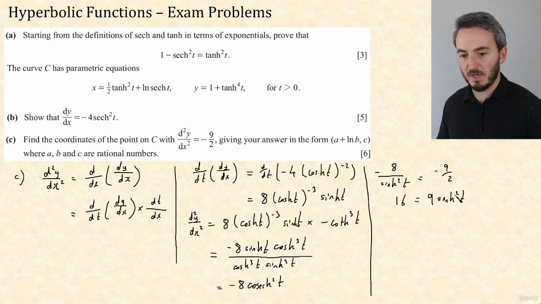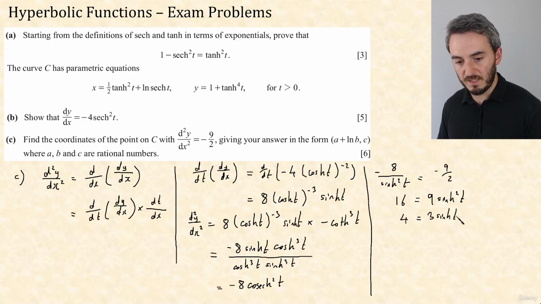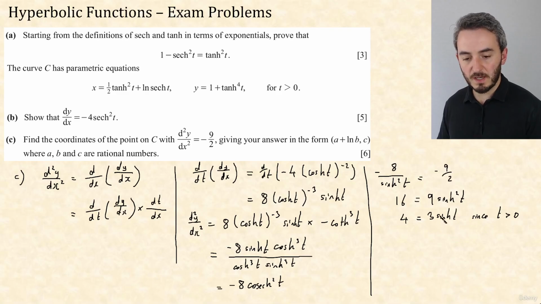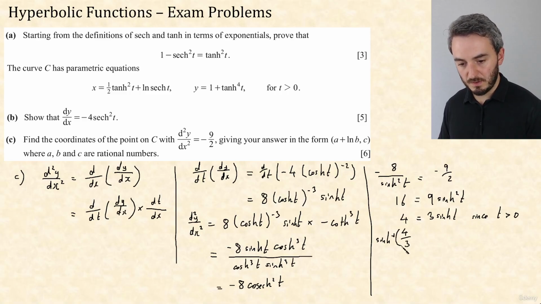We've got a plus or minus issue here. Sinh can be positive or negative. However, t is always positive, and if t is always positive, then sinh t is always positive. So I can just take the positive root here: 4 equals 3 sinh t, since t is positive. So I'm just finding, let's see, we've got 4/3 and then the inverse sinh of 4/3 is t.